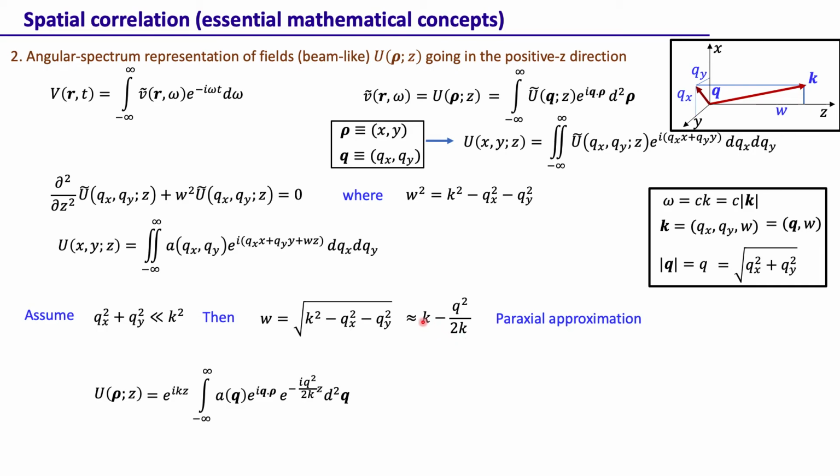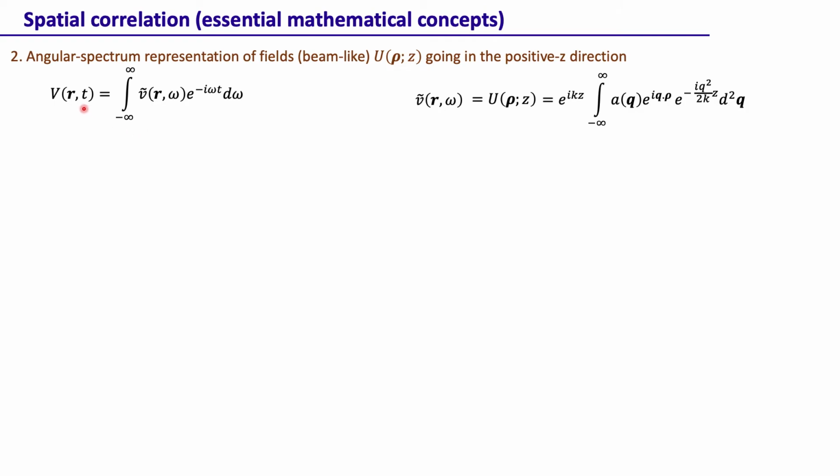So k and z gives e to the i k z, which stays outside, and the q squared by 2k comes here, as e to the minus i q squared by 2k z. So this is the form of the field u(rho, z), which is propagating along the positive z direction, within the paraxial approximation.